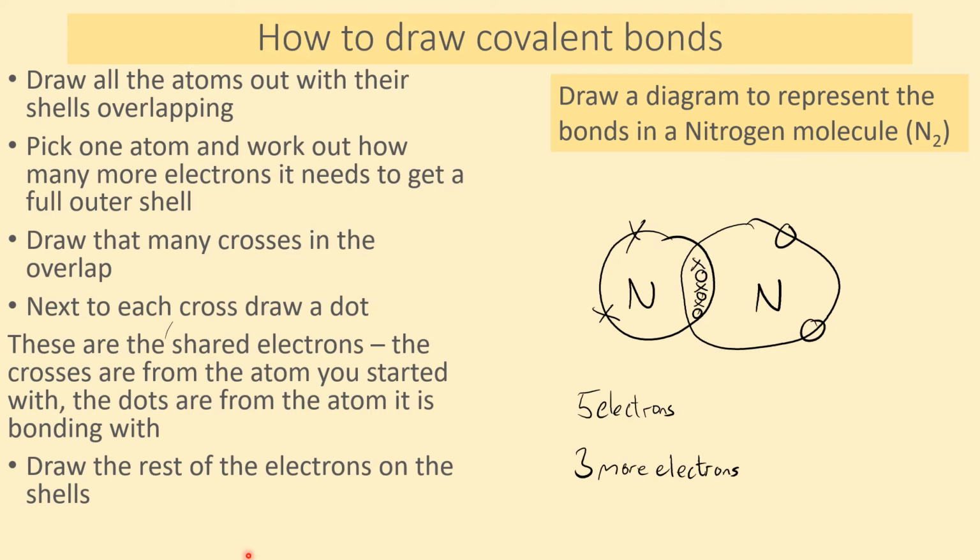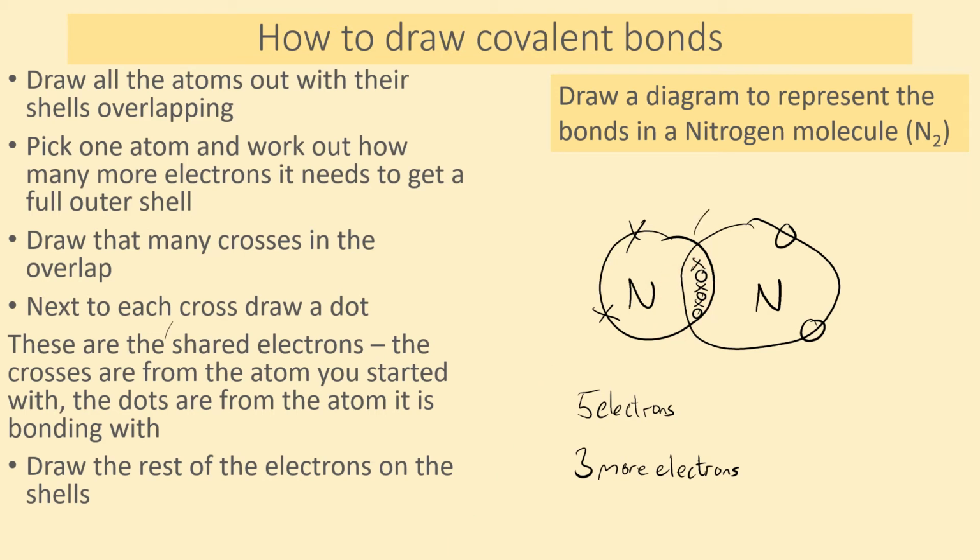I'm now going to check my electrons on each one. So I've got 1, 2, 3, 4, 5, 6, 7, 8. Fantastic. And 1, 2, 3, 4, 5, 6, 7, 8. Fantastic. I'm noticing here that I've got 6 electrons. Well, it's 3 pairs.